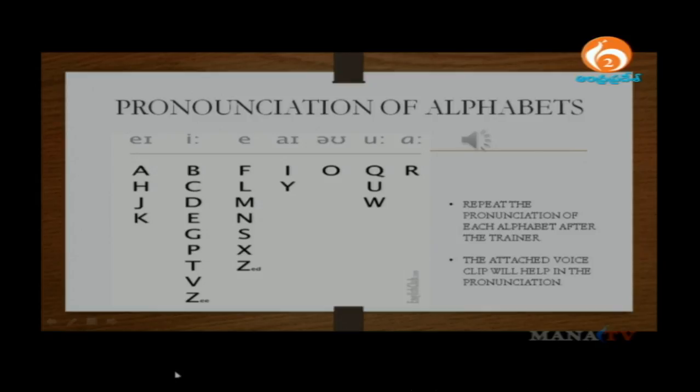Then we have the O sound, so when you add the sound of O, it comes as O. When it comes to the U sound, there are three letters: Q, U, W. This is how you have to remember these sets.